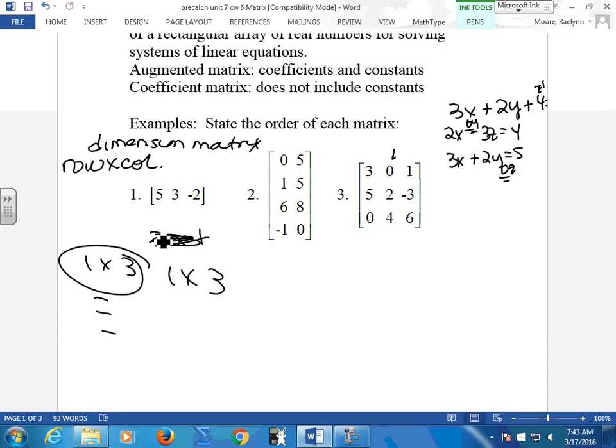Okay, so figure out the dimension of the other 2 matrices. I'm going to hand 2 more of these. Okay, everybody good?